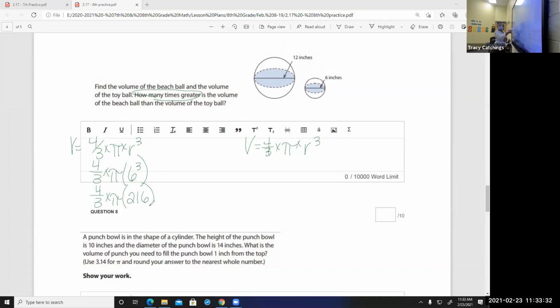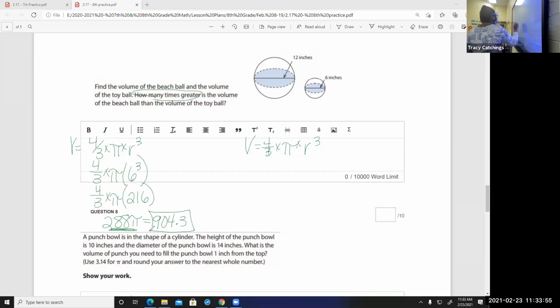Multiply that by 4 and then divide it by 3. That's 288. All right, multiply by pi. Oh, we had that one earlier, 288 pi.